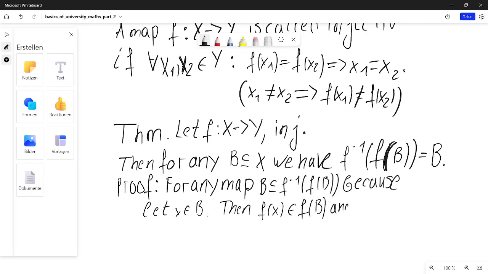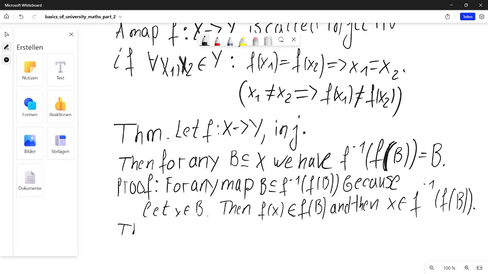And then again the definition of f minus 1 of f of b, x is an element of f minus 1 of f of b. If you don't see it directly, and that is completely normal, then just pause and think about it a little, how the definitions were applied, what they are applied to exactly, what object. Specify that in your mind and you'll see it. Okay.